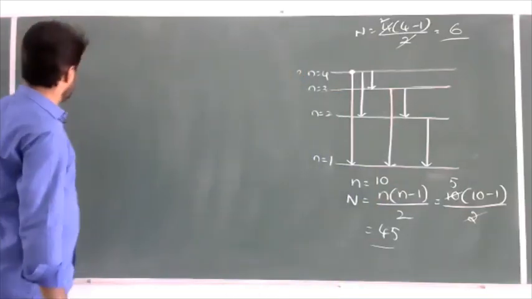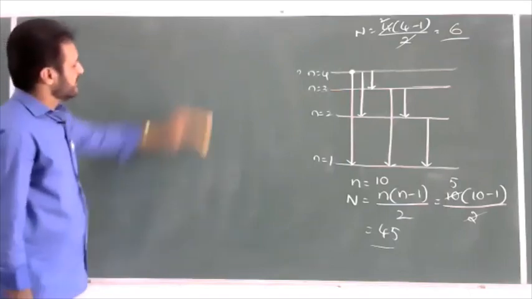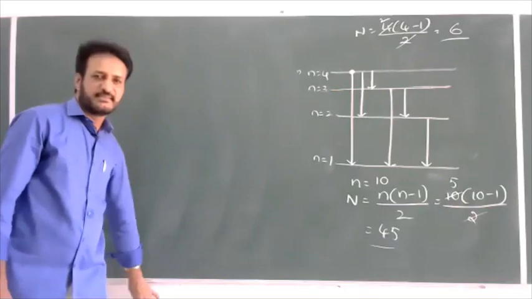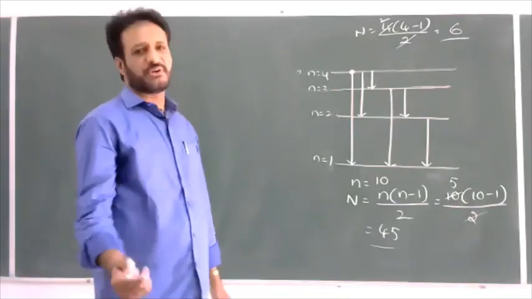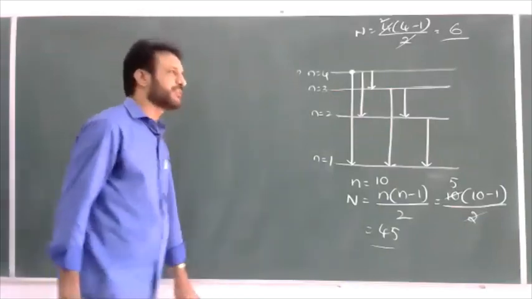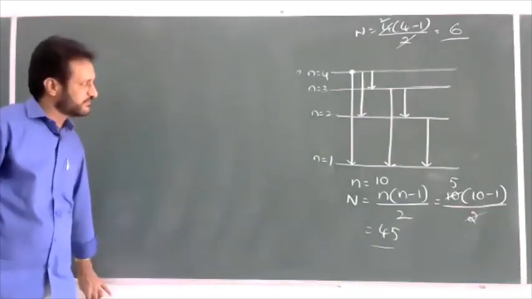Only note down that formula. Here capital N is the number of spectral lines and small n is the principal quantum number, the orbit to which the electron jumps, or the orbit from which the electron is returning back. How to understand that one?